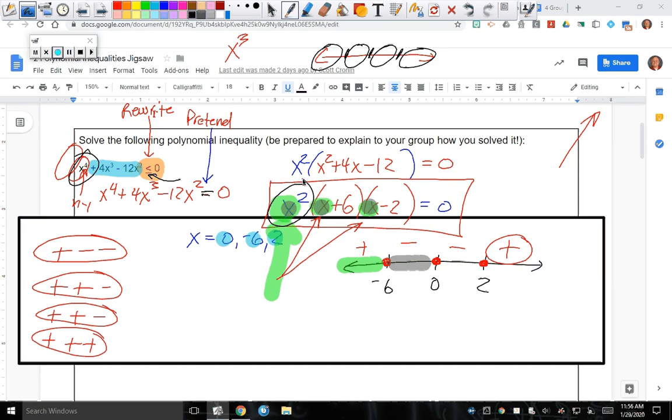Excellent question and timing, for sure. You understand? Okay. So I'm caring about when is this stuff negative or equal to 0. So I'm just going to write from -6 all the way to 2 in inequality notation, or from -6 to 2 with brackets.